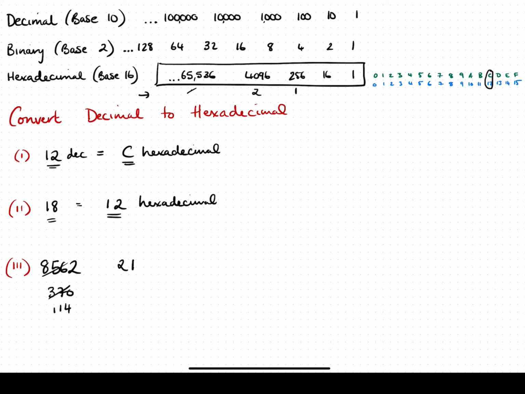We now need to figure out how many 16s are in 114. And the answer to that is 7. 7 16s give 112. That leaves us a remainder of 2 to be found. So that's going to simply be made up by 2 units. And so our final answer is 2172. So that represents the number 8562, but in hexadecimal.